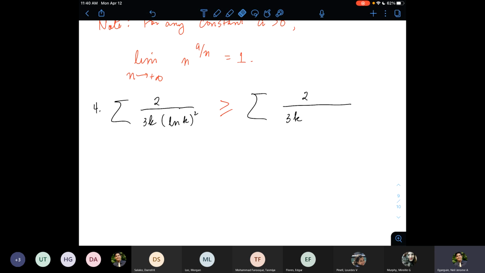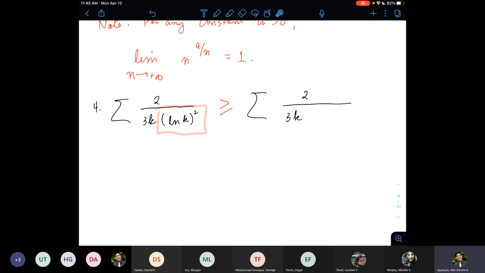But what can I do here? Well, I can just ignore the ln k because this ln k will be larger than 1 when k is greater than e.